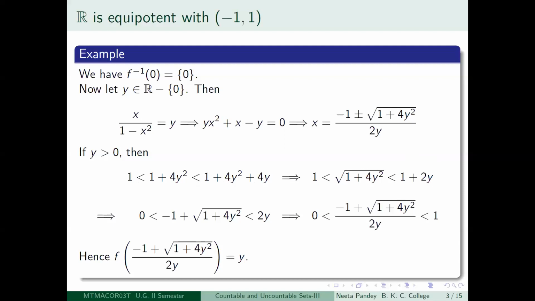If a is less than b, then just multiply by a on both sides. a is positive, suppose. So then a squared will be less than ab, and ab is going to be less than b squared, because again a is less than b, and if you multiply by b, then you will get ab is less than b squared, because b is also positive.